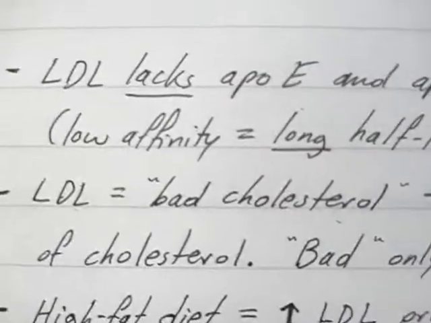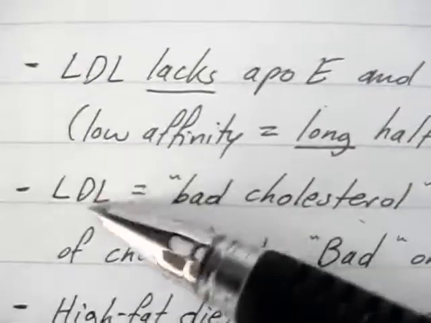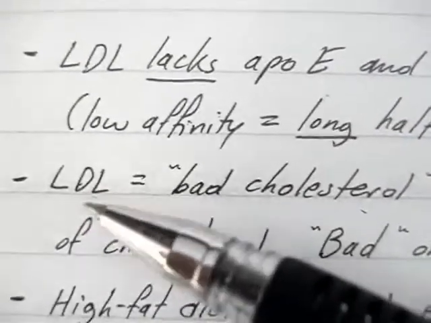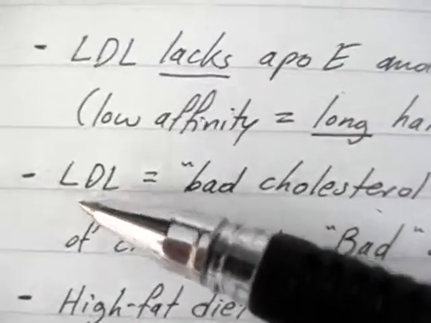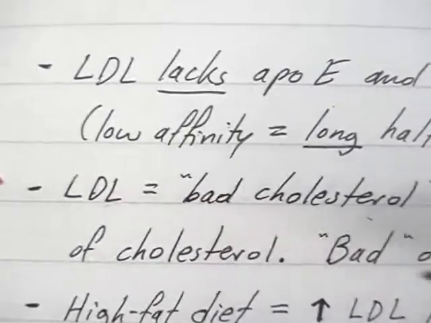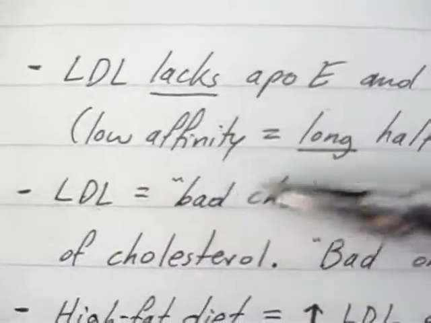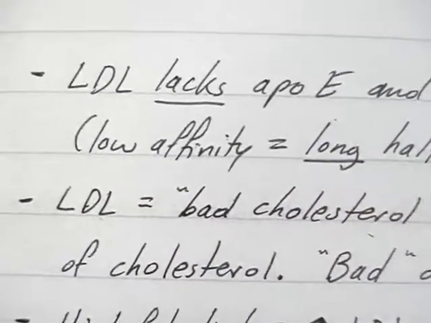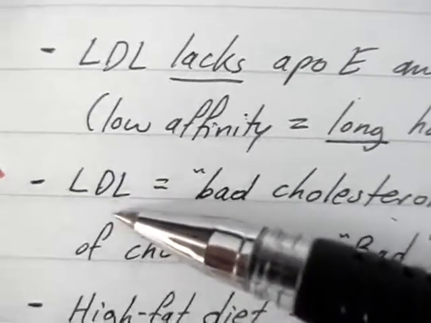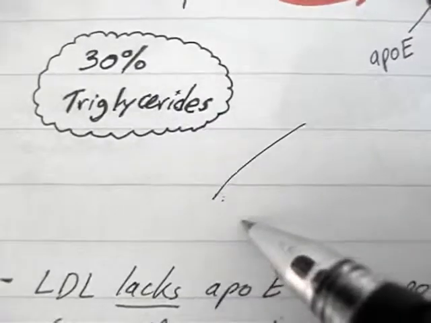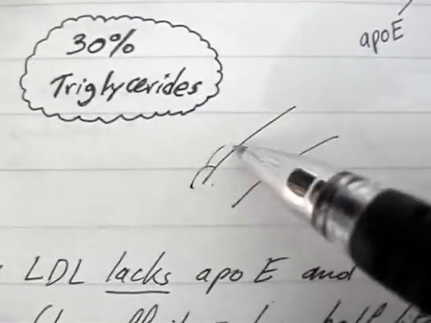It is called bad cholesterol because when LDL is present in high amount, when its level in the blood is very high, then the LDL becomes a problem. And the reason is because LDL can get oxidized by free radicals in the blood, and when it gets oxidized, it's going to bind to the endothelium of your blood vessels.